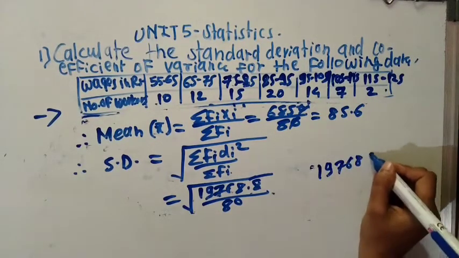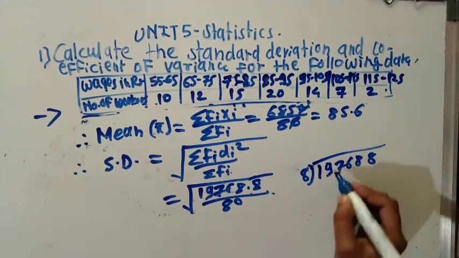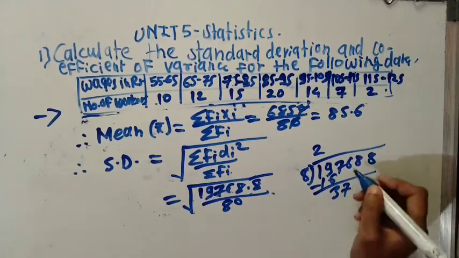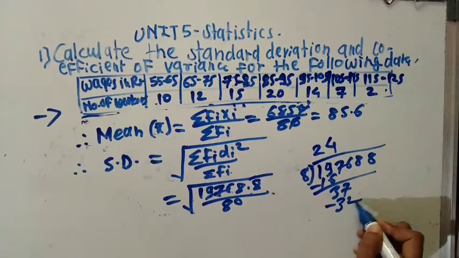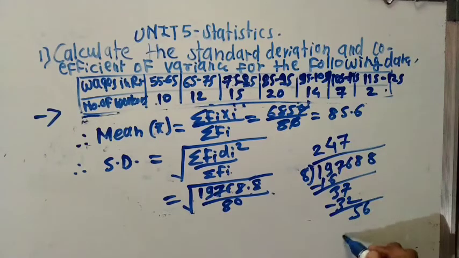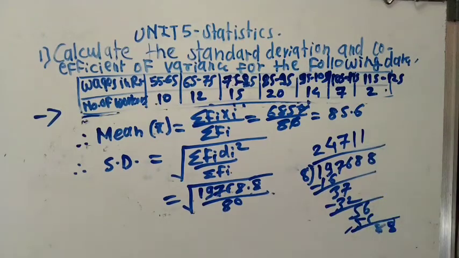Seven six eight eight divided by 8, 16, 32, 56, 8.